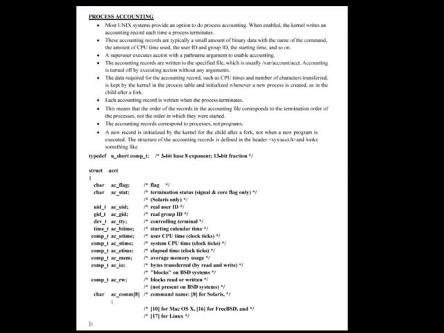This means that the order of the records in the accounting file corresponds to the termination order of the processes, not the order in which they were started. The accounting records correspond to processes, not programs. A new record is initialized by the kernel for the child after a fork, not when a new program is executed.